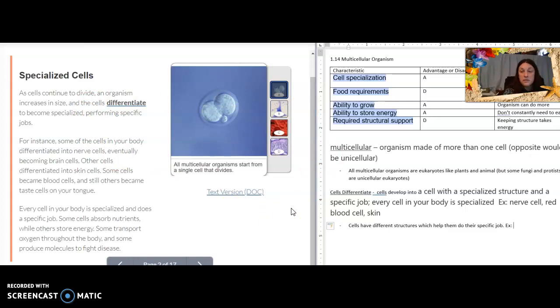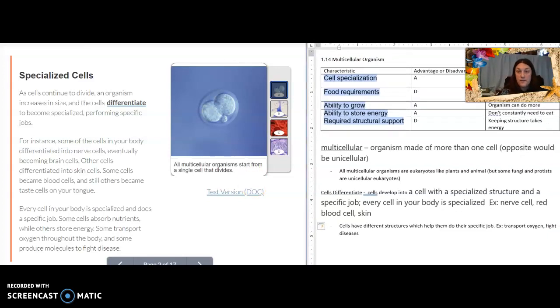So some examples are transporting oxygen, like your red blood cells. So transport oxygen, fight diseases, etc. You can add a few different examples, or if you have some other ones, you can as well.